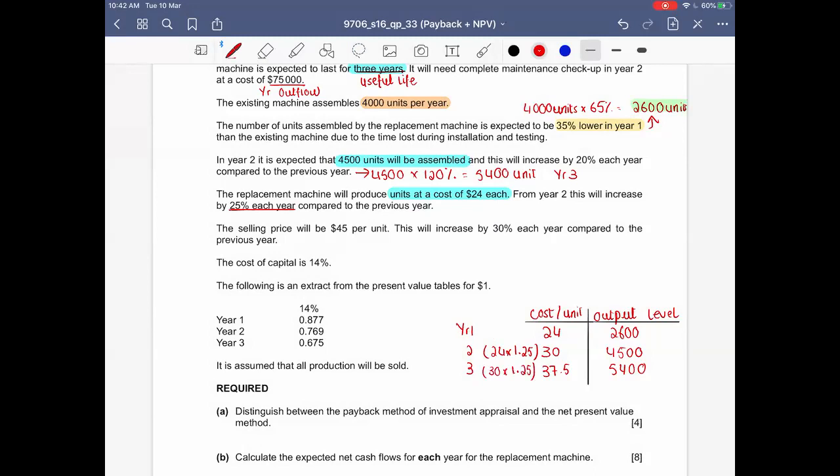Next, the selling price will be 45 per unit. This will increase by 30% each year compared to the previous year. What is our selling price? The selling price is 45 per unit and it is going to increase by 30% each year compared to the previous year. So in year 1 it is 45, then increased by 30%, that is 58.5.